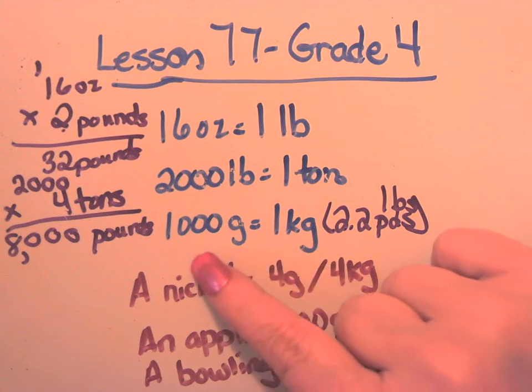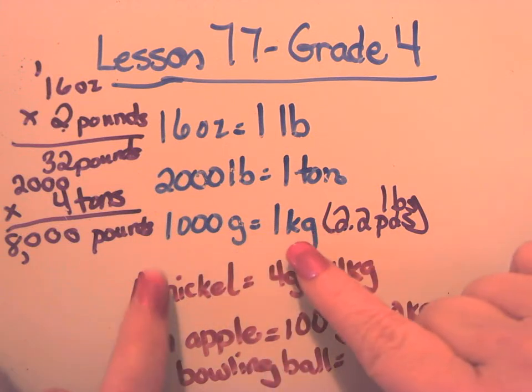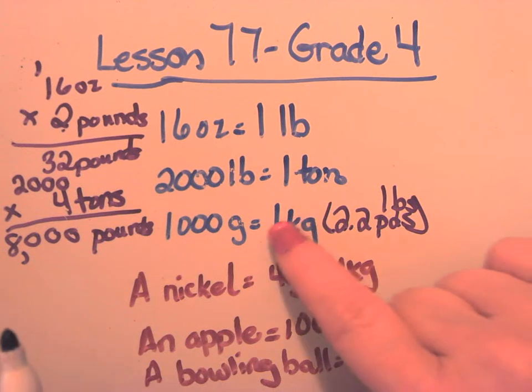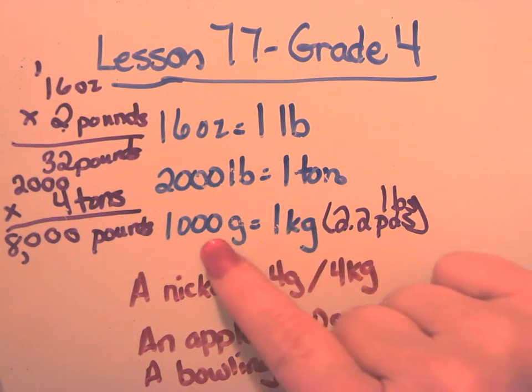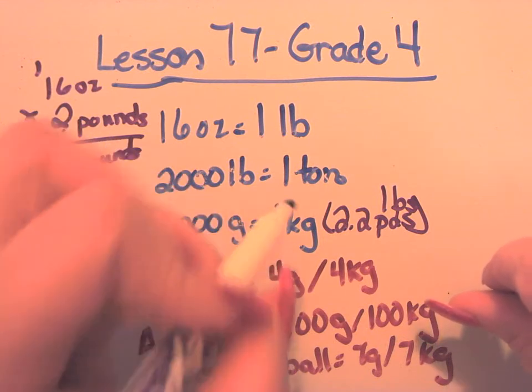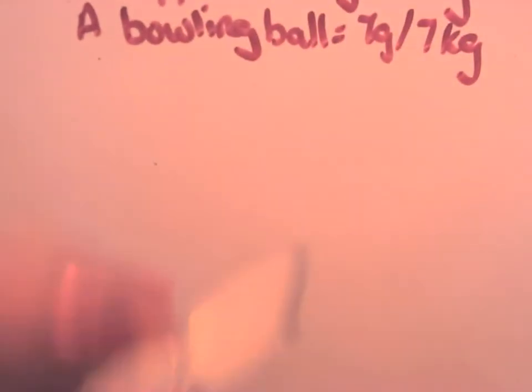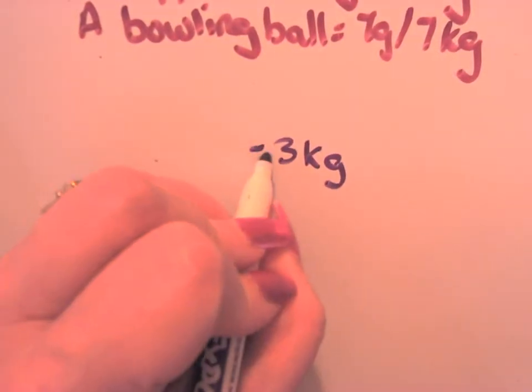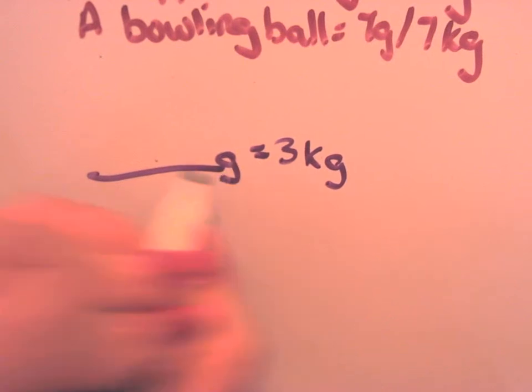1 kilogram equals 1,000 grams. So when you look at this relationship here, for every kilogram, I have 1,000 of these. Well, let's look at a little situation here. I'm going to move this up and we'll talk about what's on there later. Let's say I have 3 kilograms and I want to know how many grams that is.